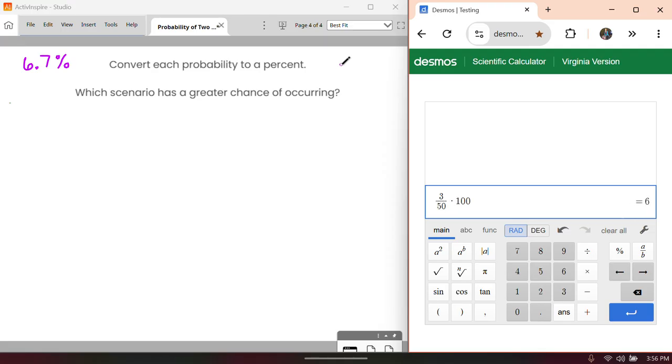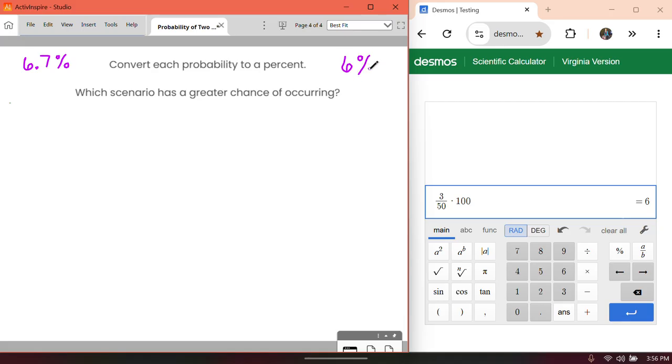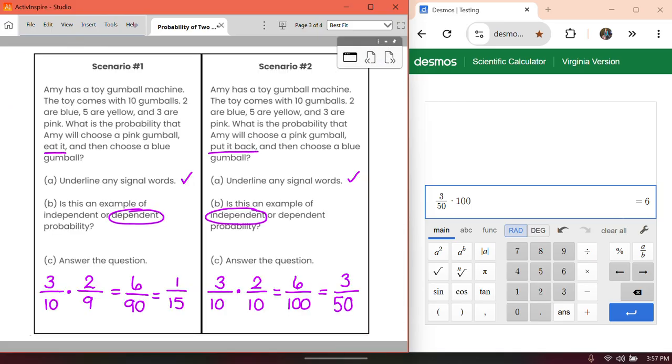And if we make that a percent, it's 6%. So which has a greater chance of occurring? That's going to be scenario number 1. So if you had 2 people actually act this out in real life, there is a better chance that you would get pink and then blue if you ate the pink one first.